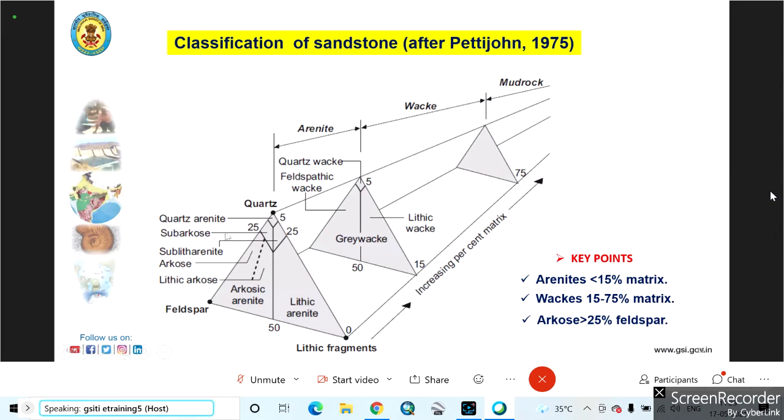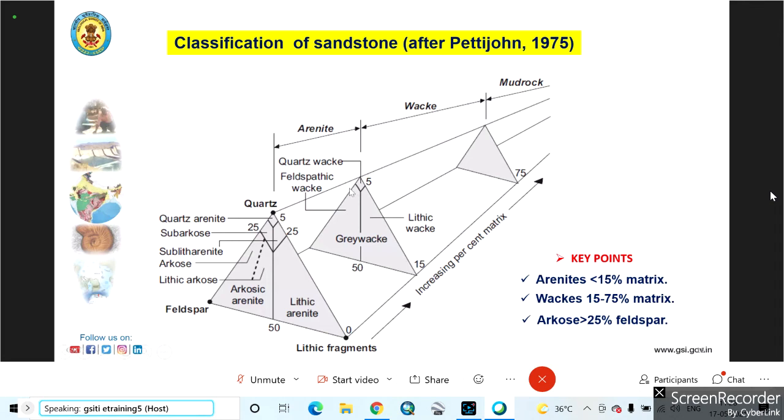Within this domain, as per the percentage of quartz, feldspar, and lithic fragments, different classifications have been given in this field, that is the sublitharenite, subarkose, arkose, lithic arkose, etc. When the matrix percentage increases beyond 15%, this rock will be termed as a wacke.